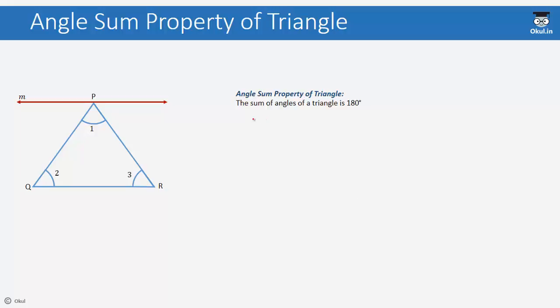So what we can write is that since M is parallel to QR, therefore angle 2 is equal to angle 4. So let me write angle 2 is equal to angle 4. Why? Because they are alternate interior angles, and we also have that M is parallel to QR.